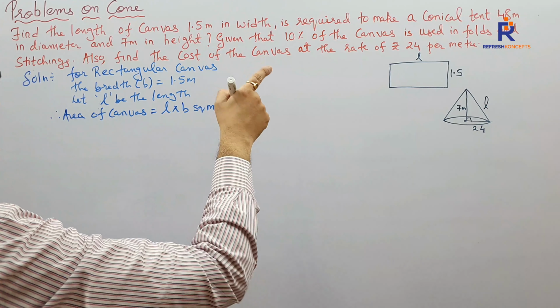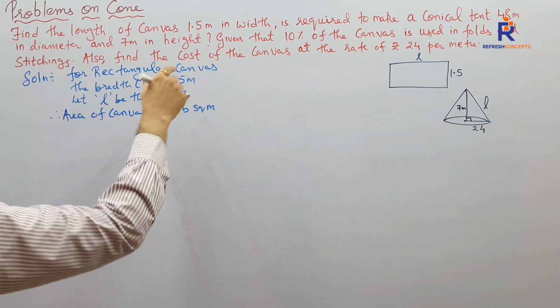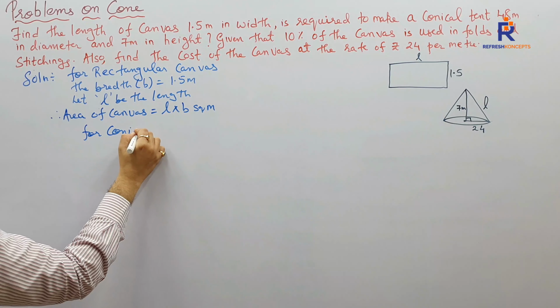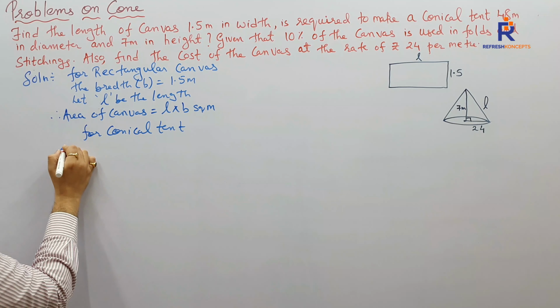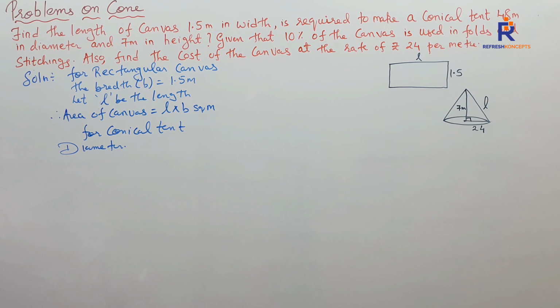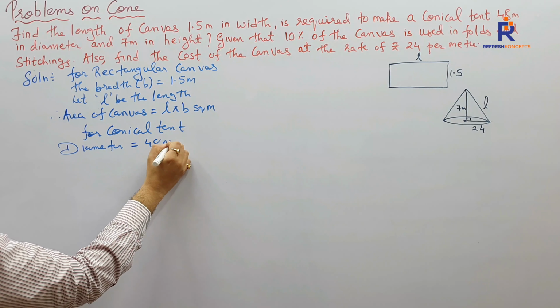With this, now I go on to the cone part. For the conical tent, diameter D is given to me as 48 meter.